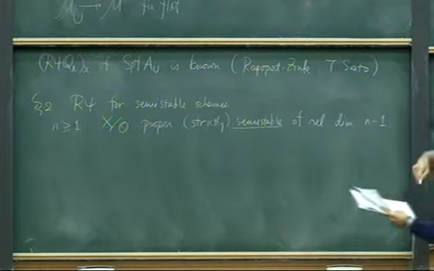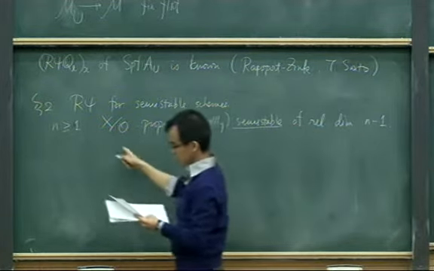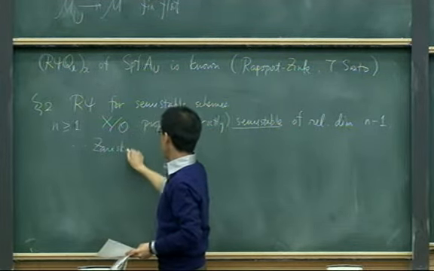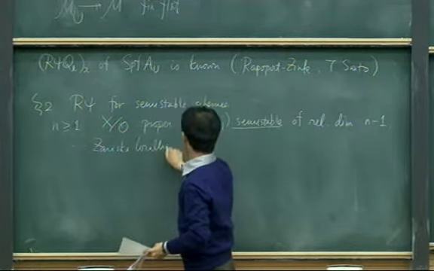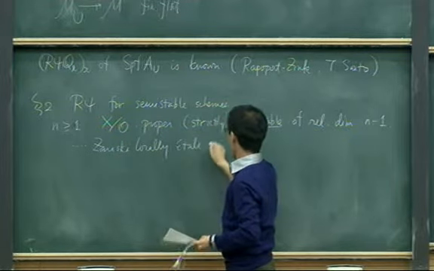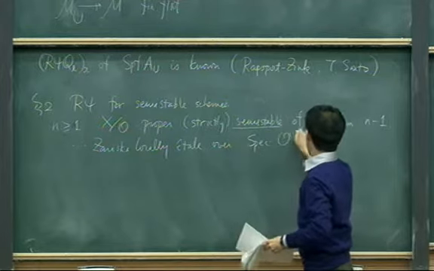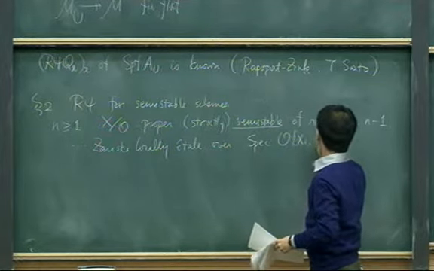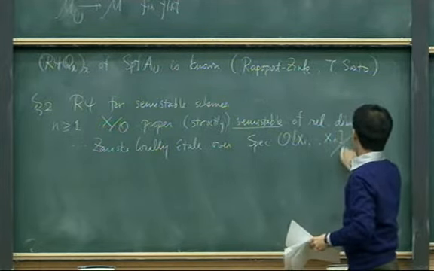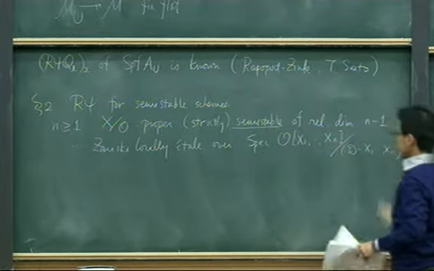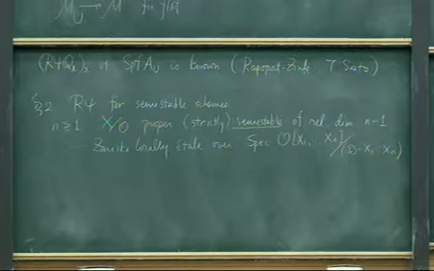So a scheme is called strictly semi-stable of relative dimension n minus 1 if it's Zariski locally étale over this ring. Okay.